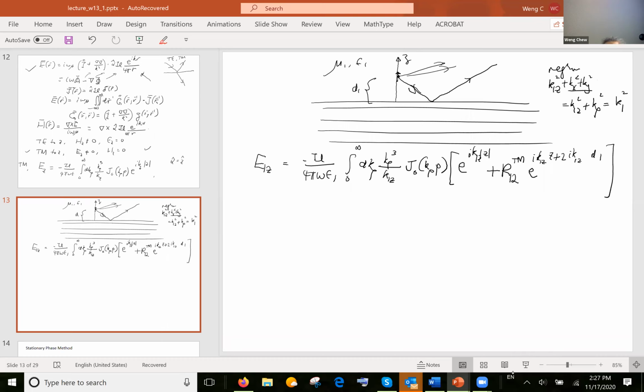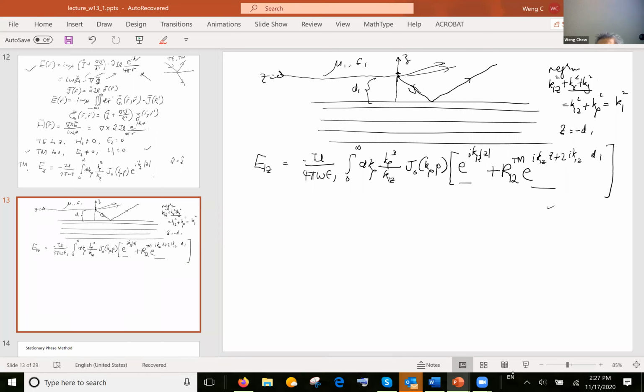This is the correct phase I have to add to this wave because when z equals minus d1, this is z equal to 0, this point here. So when z equals minus d1, the ratio of these two waves is just R1 TM.